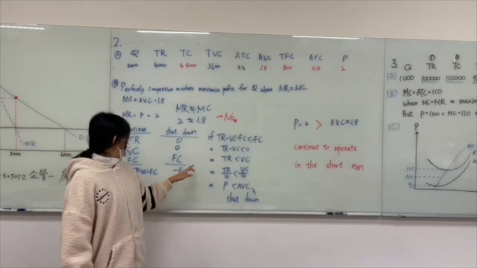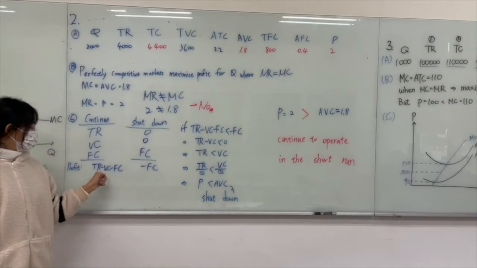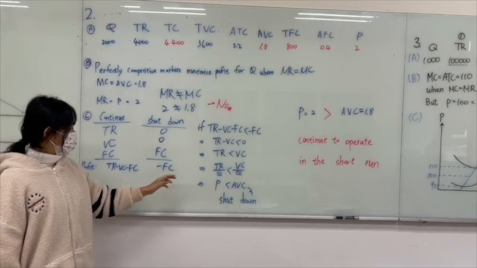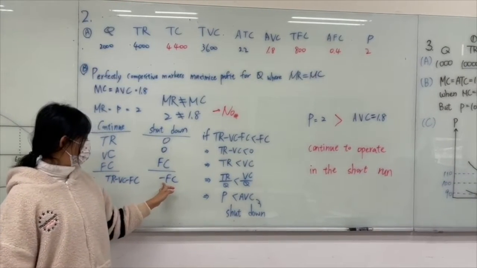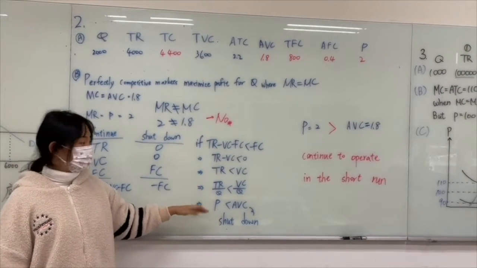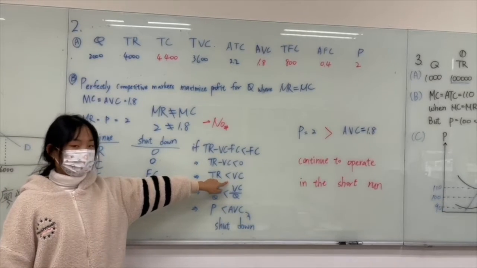If the profit, total revenue minus variable cost minus fixed cost, is smaller than negative fixed cost, then the firm should shut down, which means total revenue is smaller than variable cost.